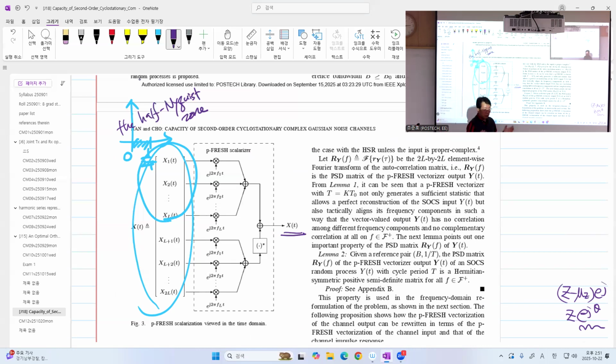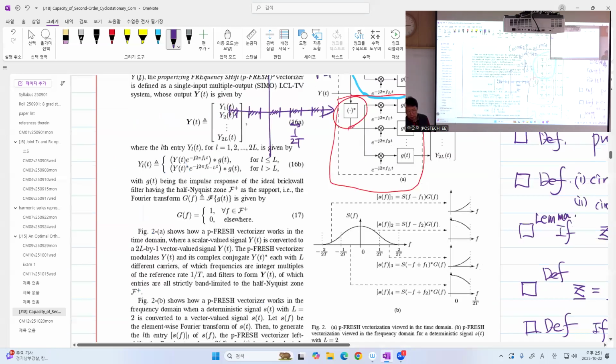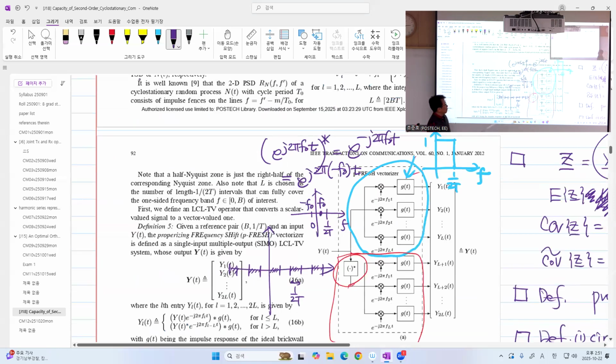And you may say that, wait a minute, I haven't yet shown whether the output of the p-fresh vectorizer gives us really a proper complex random process or not. You are right. So we are left to prove that part.